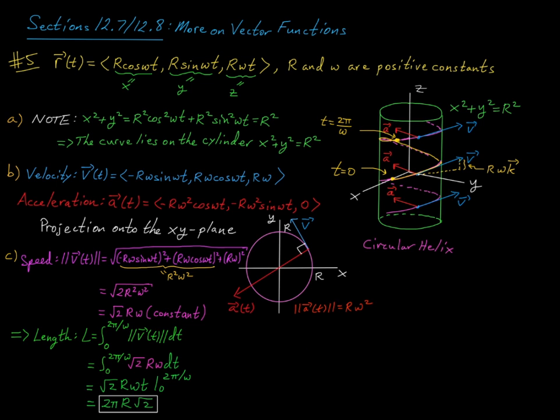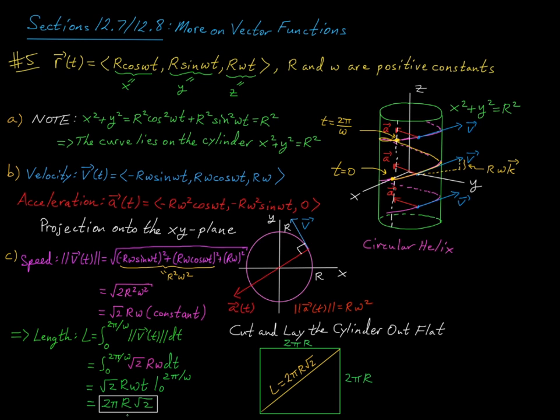Okay, now there's an interesting way to interpret this. Notice 2 pi r, that's just the circumference of the cylinder. So where's the square root of 2 coming from? Well, if I slice the cylinder vertically along this line right here, and I lay the cylinder out flat, what am I going to see?